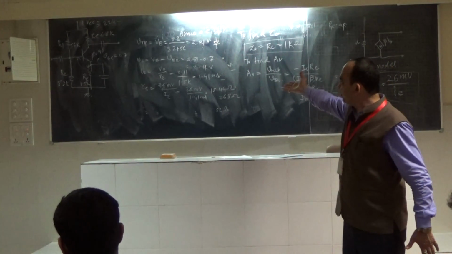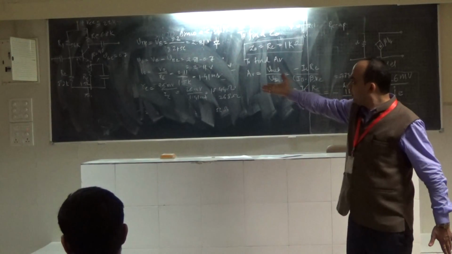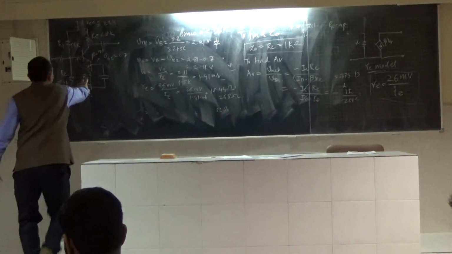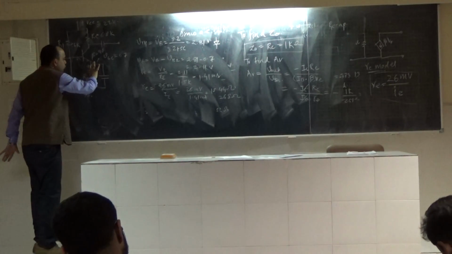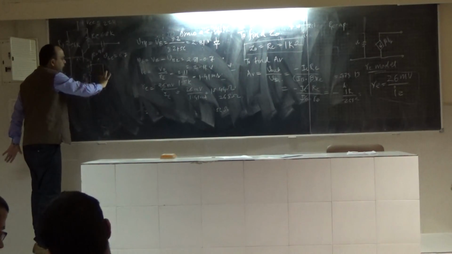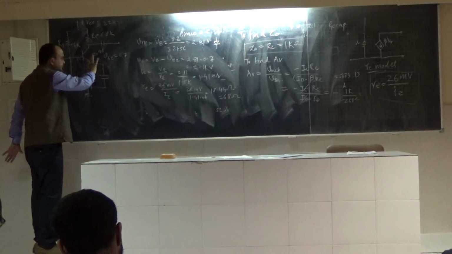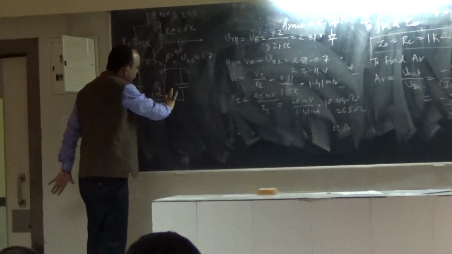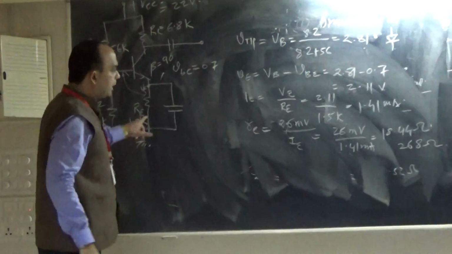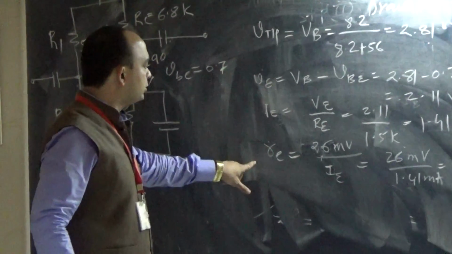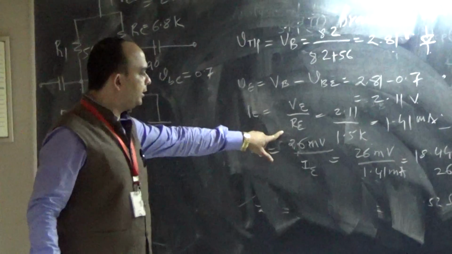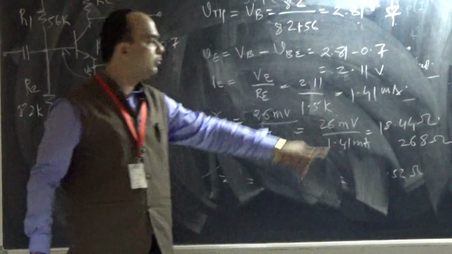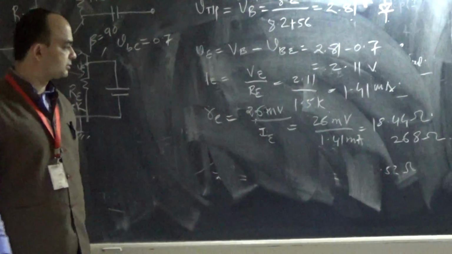So VE I have to find out. Once I know VE, DC current will not pass through this capacitor, so it will pass through only this. For DC it acts as an open circuit. So the current going through you can find by VE upon RE. RE is given as 1.5K, you will get 1.41 milliamperes.